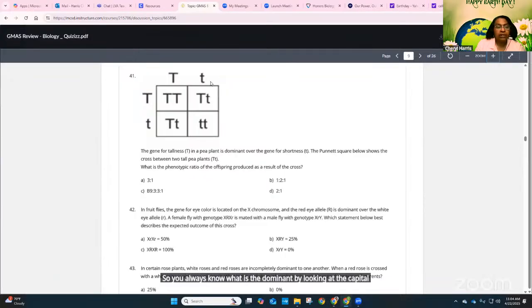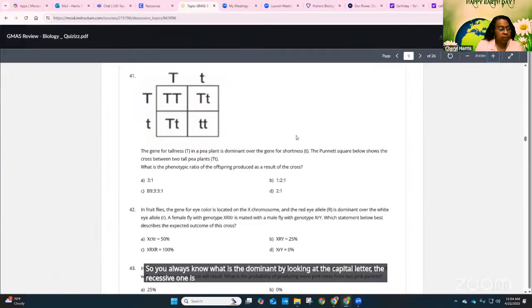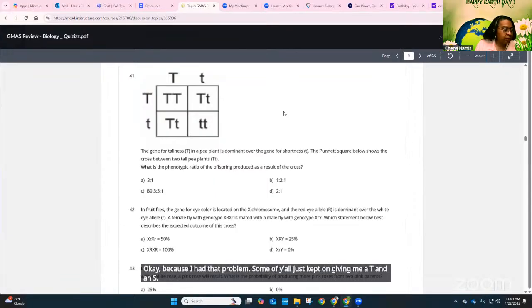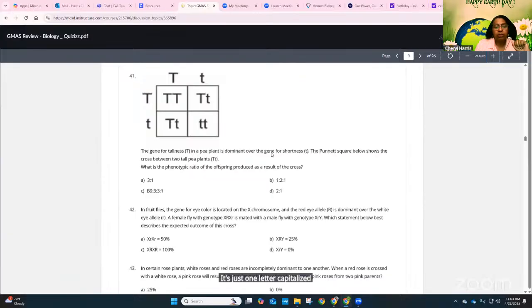The recessive one is always the lowercase letter, and it's always the same letter. So right now we're not looking at T and S for tall and short. We're looking at big T and little t, okay? Because I had that problem. Some of y'all just kept on giving me a T and an S. It's the same one letter, a capitalized and a lowercase letter.